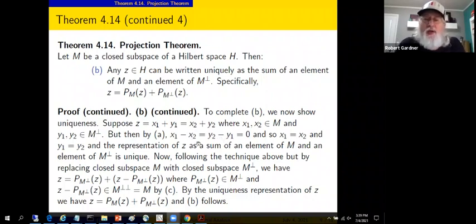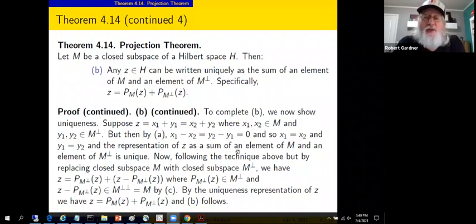These two vectors are equal, and that resulting vector is in M and also in M perp, but the only thing in M and M perp is a zero vector. So it must be this equals the zero vector, applying part A there to draw the zero vector conclusion. Hey, if you got the zero vector, then it must be X1 equals X2 and Y1 equals Y2.